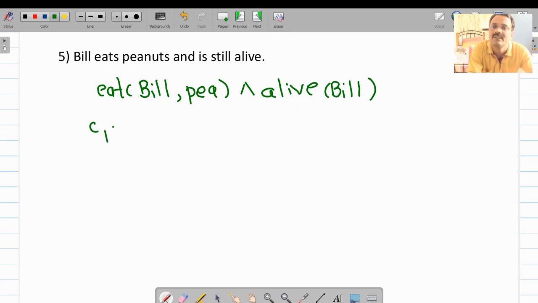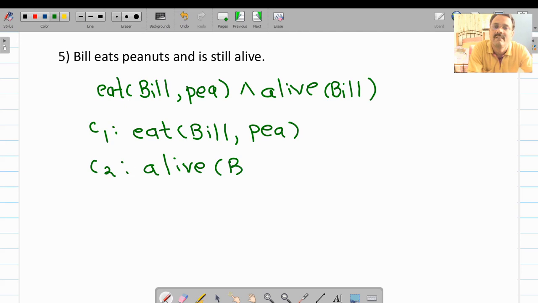Therefore your C1 will be eat Bill peanuts and C2 will be alive Bill. You don't need to standardize variables. You can call them C51 and C52, because this is the fifth sentence. The clause form conversion we name as C5, but that has resulted in two, so C51 and C52.